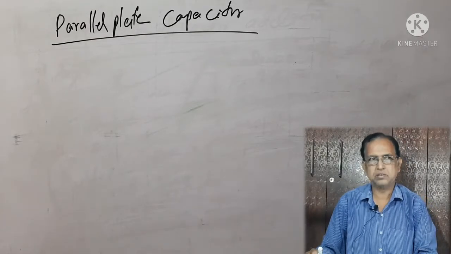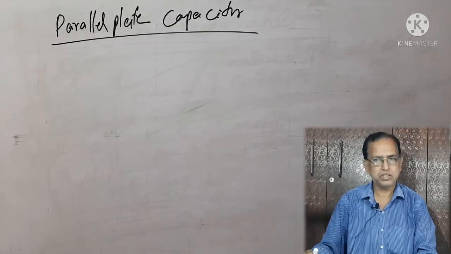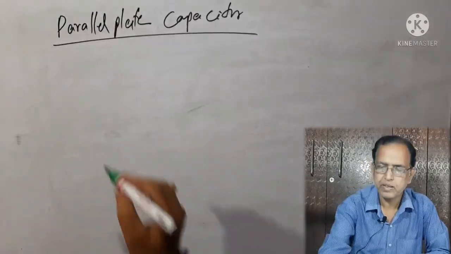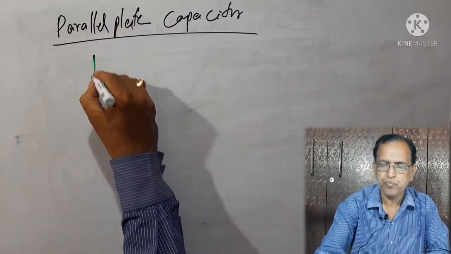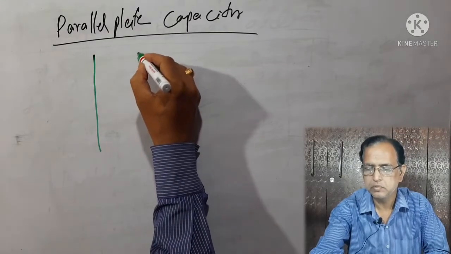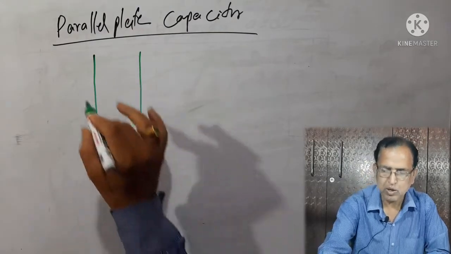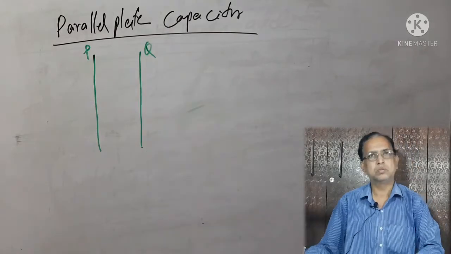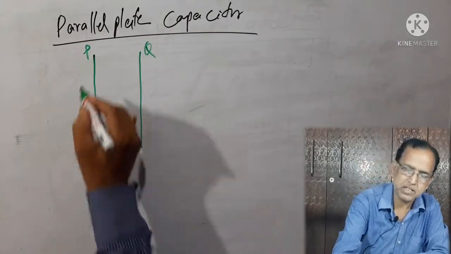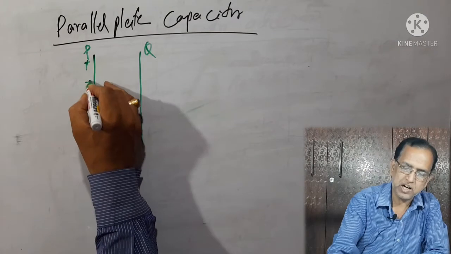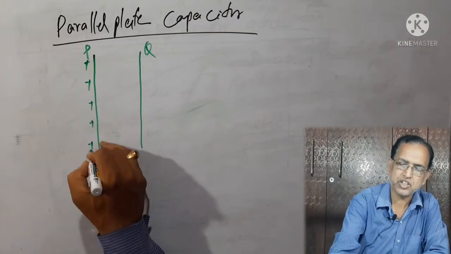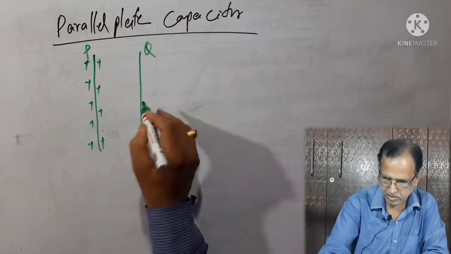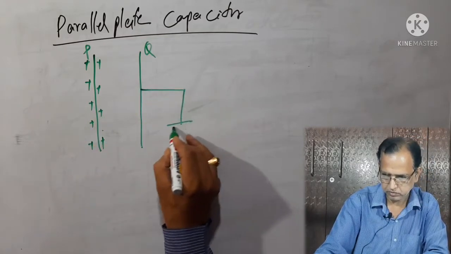So let us consider two plates P and Q. This is one plate P, this is plate Q. P is charged with a charge plus Q, and Q is earthed.